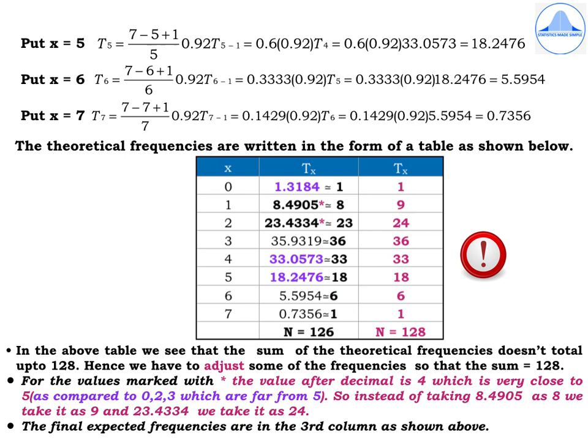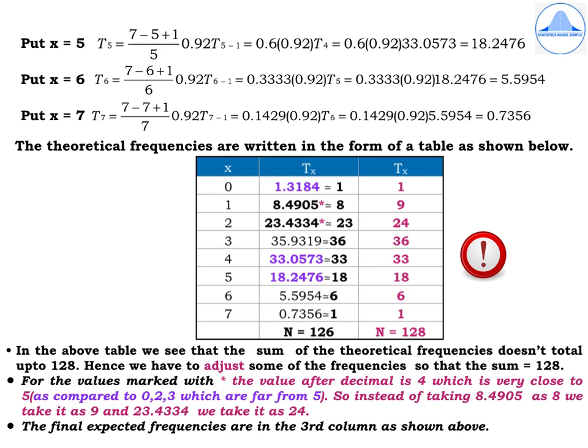Now, because we are falling short of 2, we have to adjust these two frequencies. Now, why are we choosing only these two? And why am I not choosing 33.0573? Or why am I not choosing 18.2476 or 1.3184?